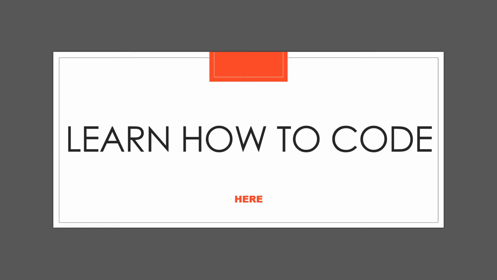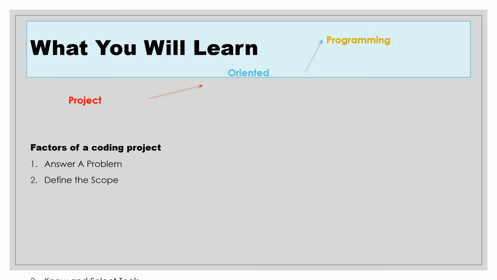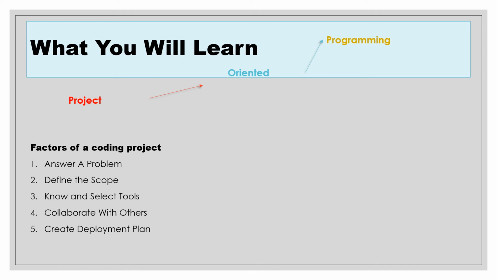Because we're doing a project-oriented course, there are going to be some things that we will learn along the way to help us to learn how to code. This is what you're going to learn in a project-oriented programming course. There are definitely some factors of coding a project that are different from just going through the normal tutorial that you might find online.